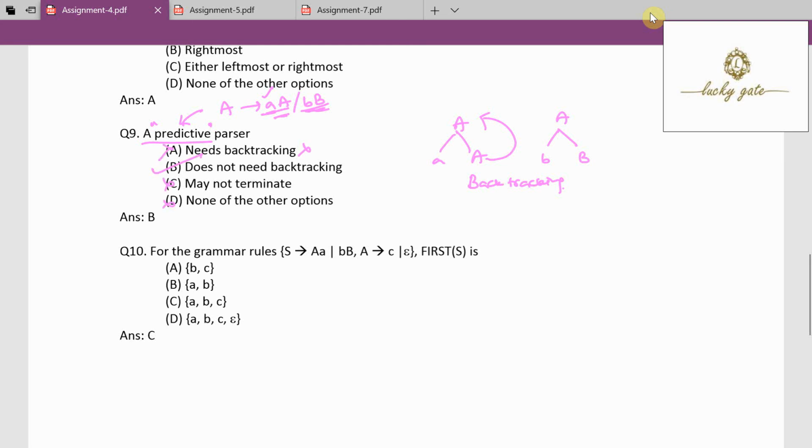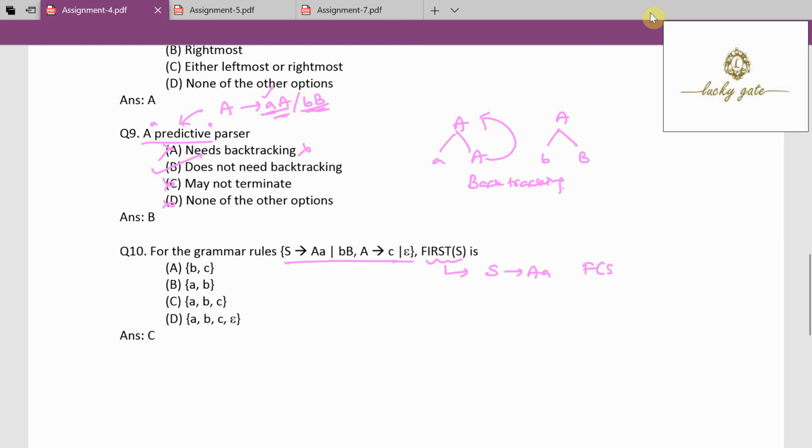Question number 10. For the grammar rules, S tends to AA, BB, A tends to C or epsilon. What is first of S? It means S is going to start with what terminal symbols. Now here we have a production S tends to AA.